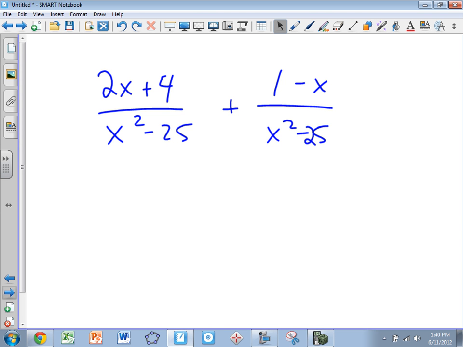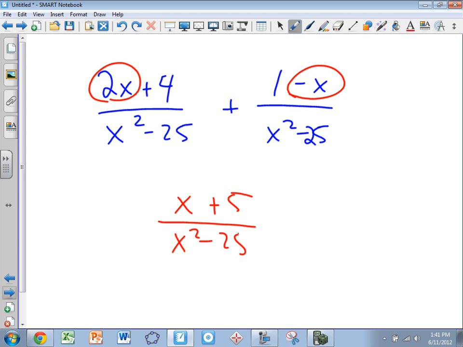I agree completely. But before I do that, I'm adding fractions, aren't I? When I add fractions, what do I need? The same denominator, then just add. Do I have the same denominator? Yes. So I'm good to go, right? So what should I do up top? Just add it. What's 2x going to combine with over here? Negative x. What's 2x and negative x? X. What's 4 and 1? 5. All over?